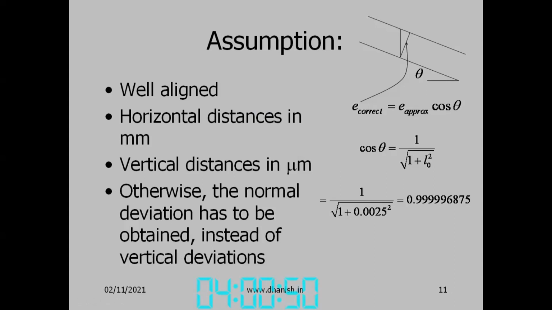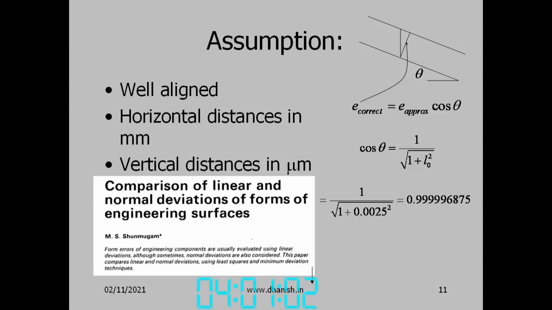For example, in a coordinate measuring machine, we don't really align the workpiece datum with the measurement axis. In such cases, we have to take the correct deviations. You cannot take the approximate deviations. There's one paper on this by Dr. M.S. Shanmugam of IIT Madras, who was my teacher.